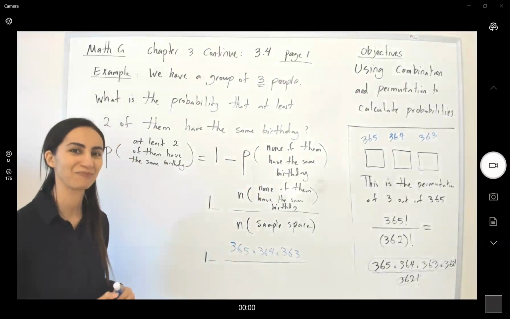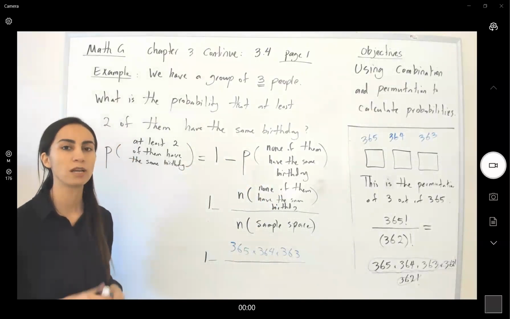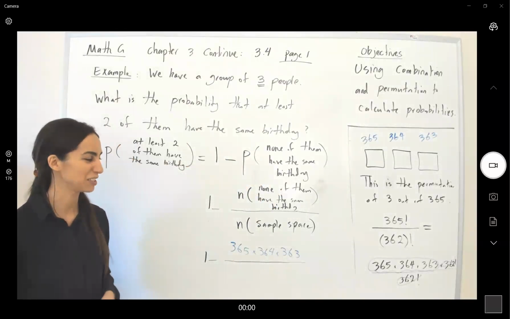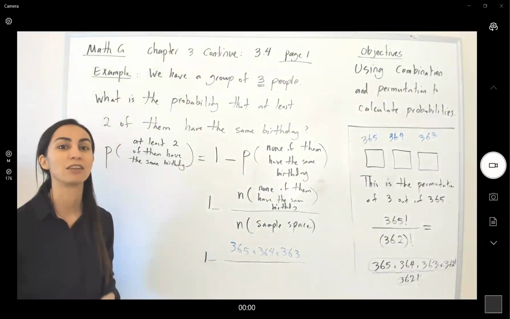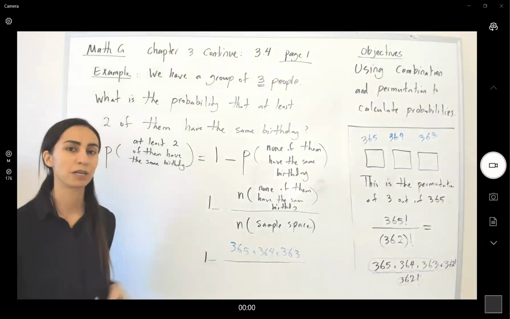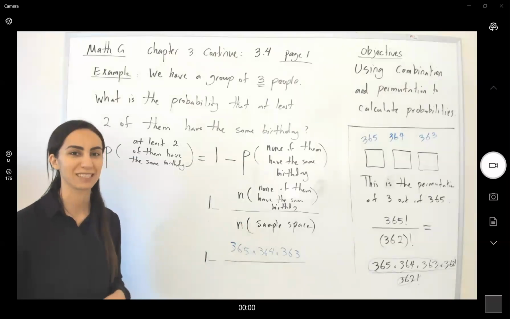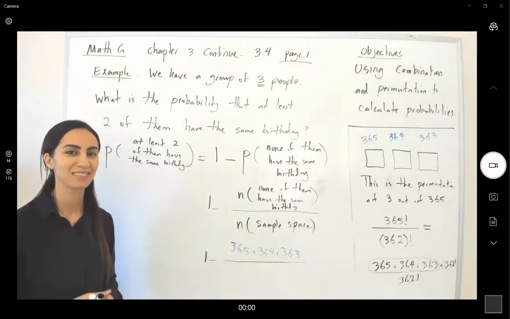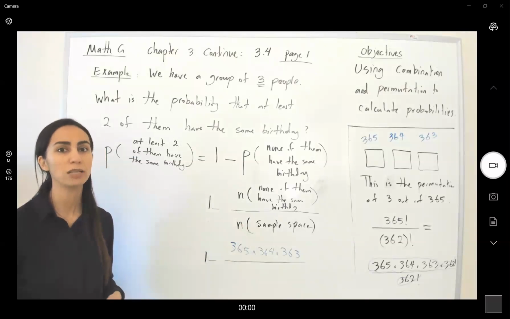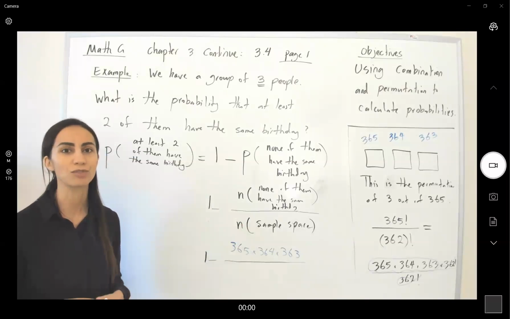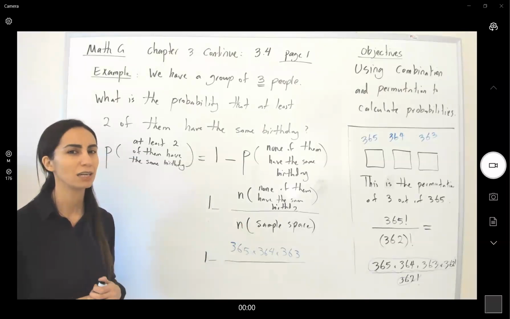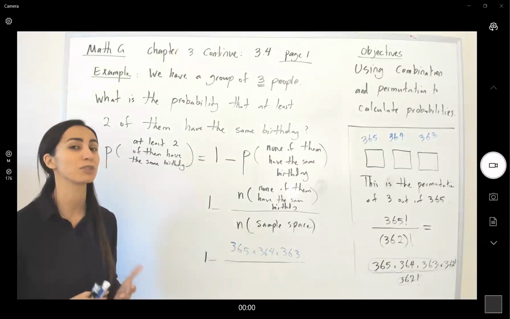Sample space. What would be your sample space? Think about it. What goes on the denominator? Is that a permutation or is that a combination? What is the sample space? 365 times 365 times 365. Okay. Is that a permutation or is that a combination?